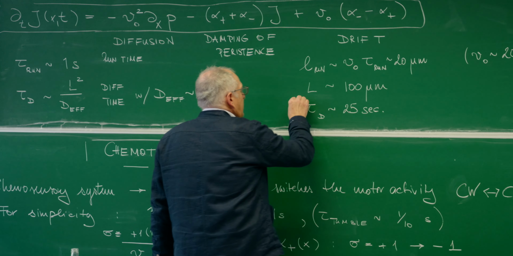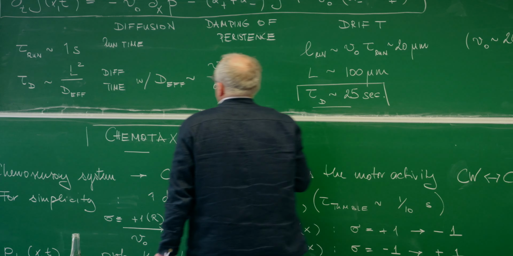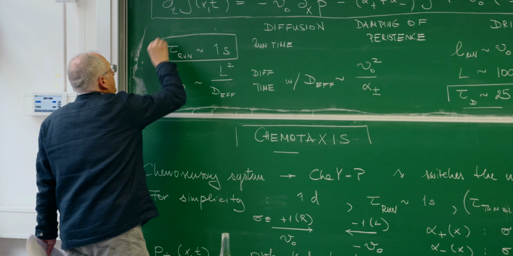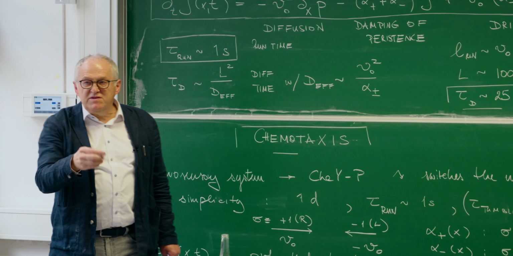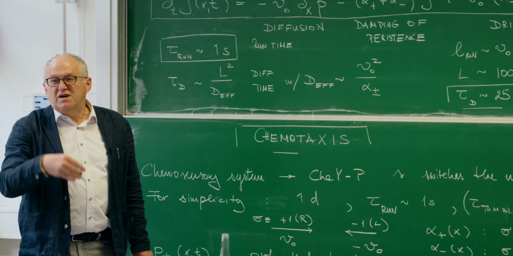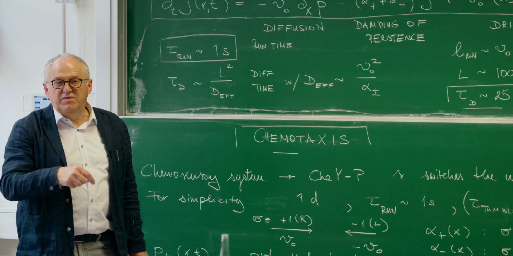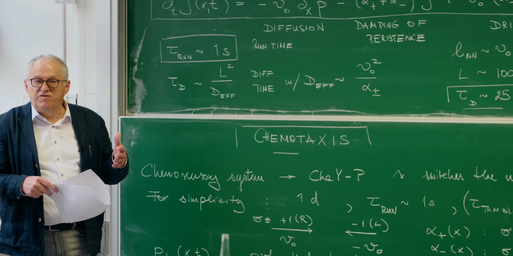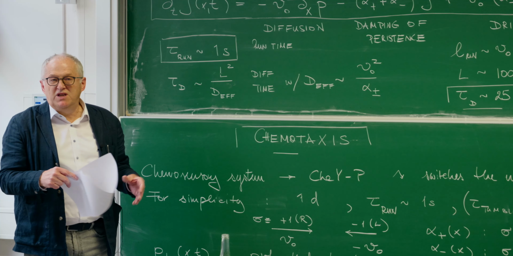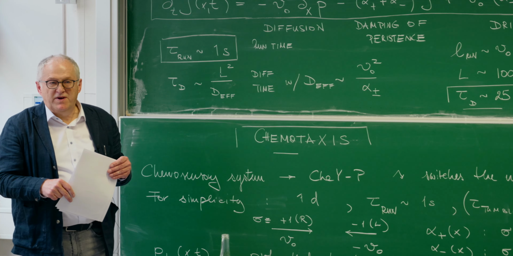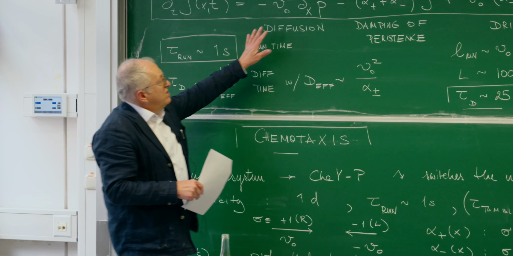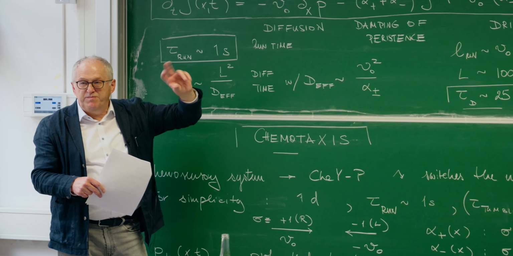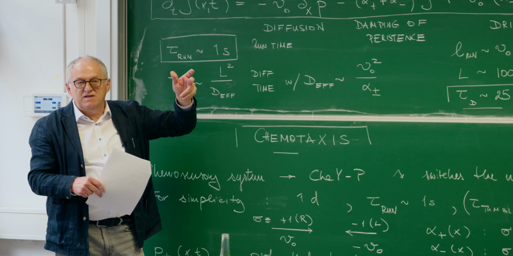Okay? And that you have to compare with this run time that you have here. So this run time is very, very short as compared to the time you have the equilibration of diffusive motion, and you get some homogeneous density profile. And that means if you look now at these terms here, the current is flipping back and forth between the two states.